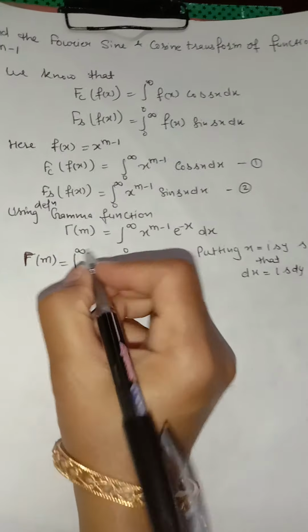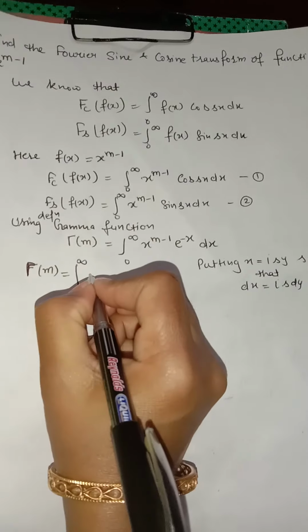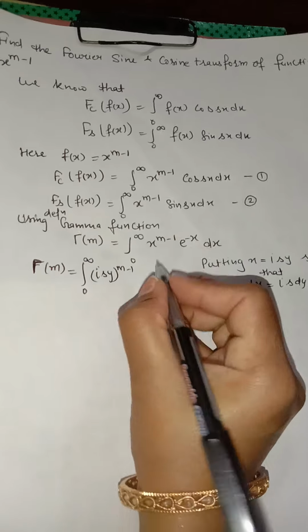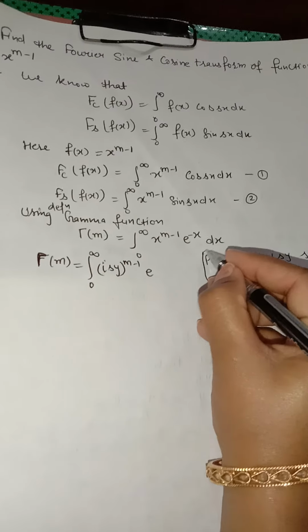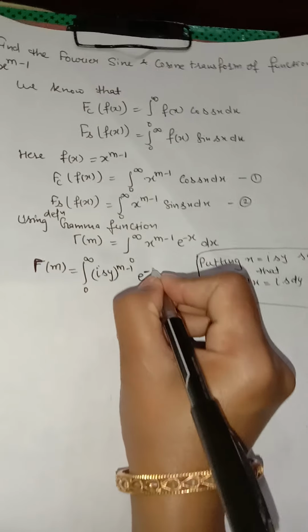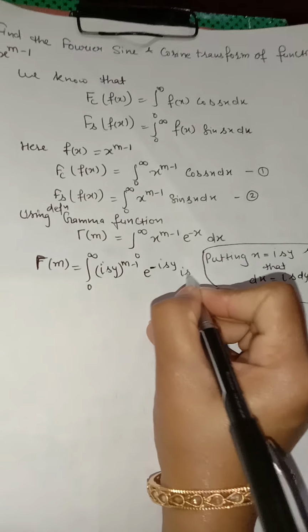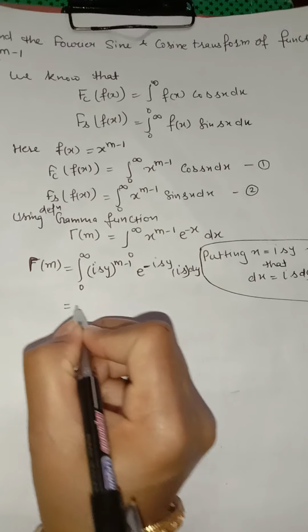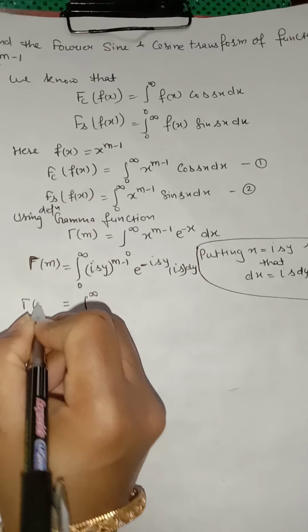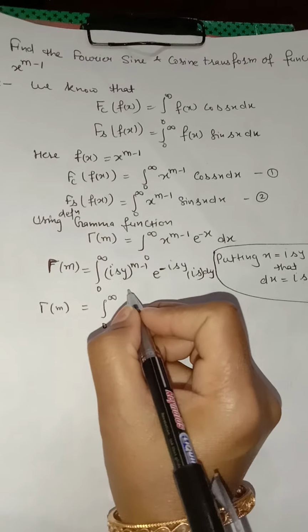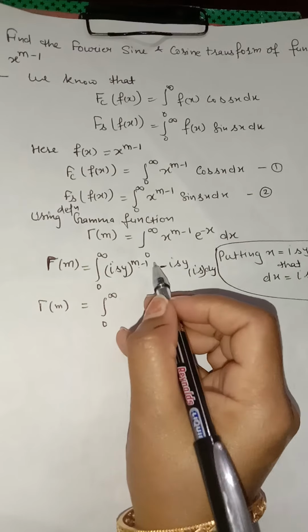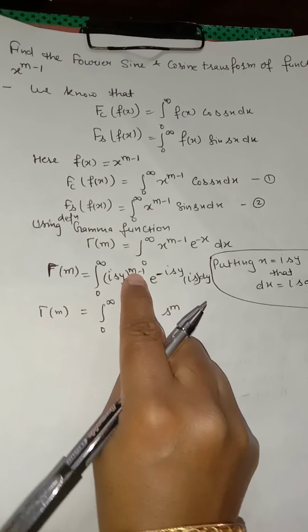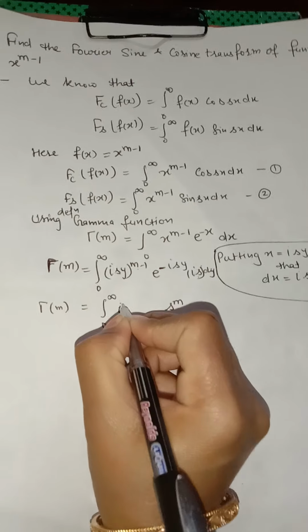Then integral 0 to infinity, x raised to power m minus 1, in place of x we will put iota sy, and e raised to power minus x becomes e raised to power minus iota sy, and in place of dx we get iota s dy. Now integral 0 to infinity, left hand side is gamma m and right hand side is iota s raised to power m minus 1, or s raised to power m minus 1, then s raised to power m; iota raised to power m minus 1, then iota raised to power m.